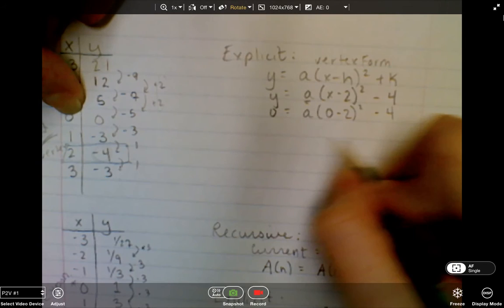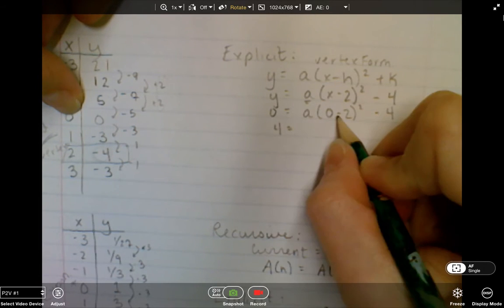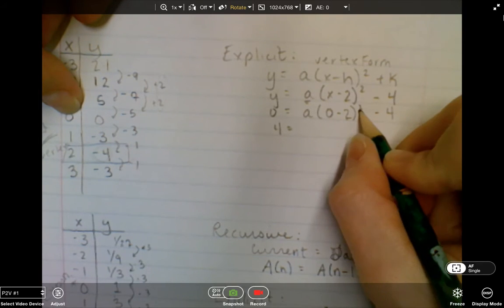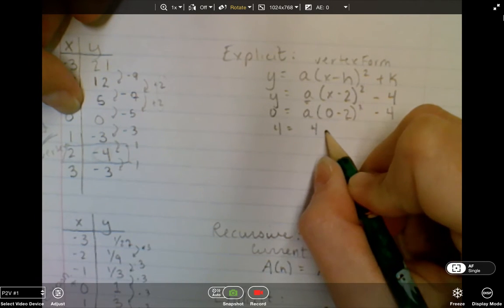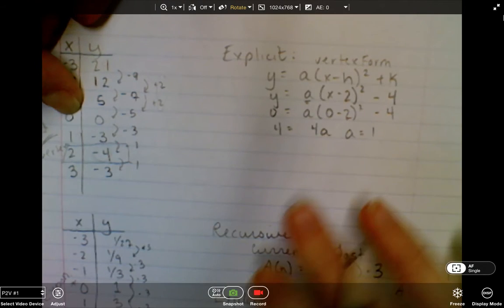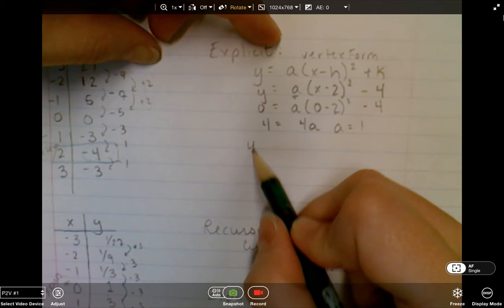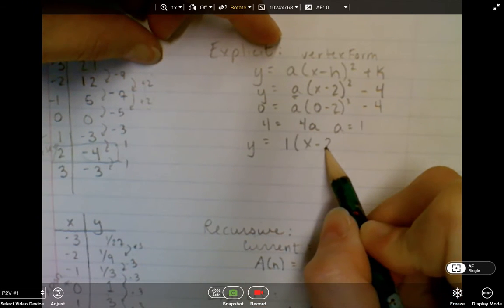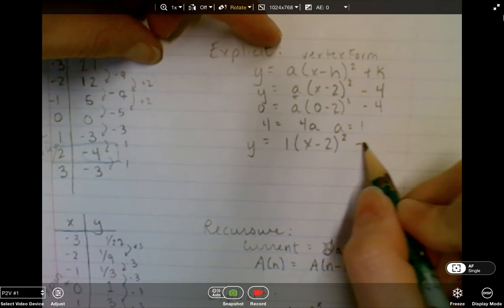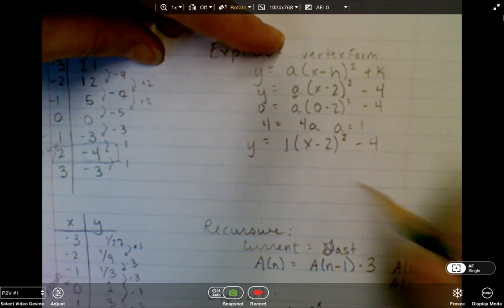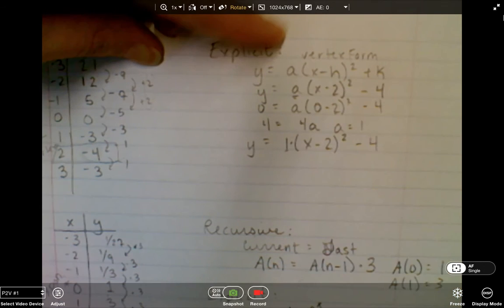So I'm going to add my 4 over to the other side. 0 minus 2 is negative 2, and negative 2 squared is positive 4. So that means that a must be 1. So that's easy. So y equals 1 times x minus 2 squared minus 4. Do I have to write that 1? No, but if it helps you to understand that a is 1, then you can write that.